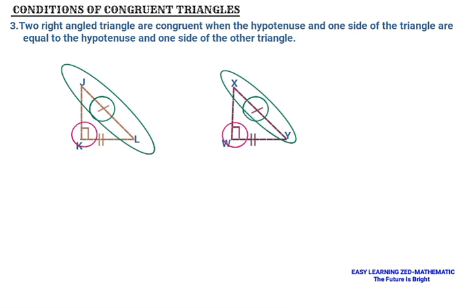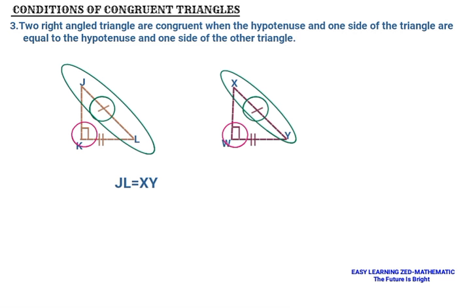So the distance JL is the same as XY. So we are saying JL is equal to XY.